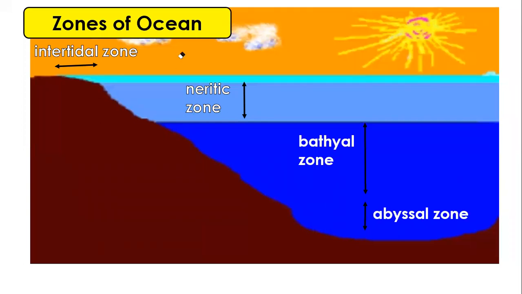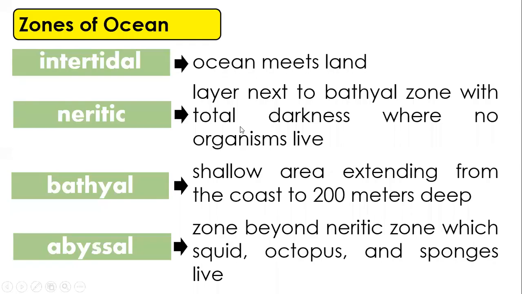Then abyssal zone, it has little or no life at all. I hope everything is clear regarding the zones of ocean and ponds or lake. Now, the importance of knowing them is for us to locate the organisms and the ecosystem in that particular environment.